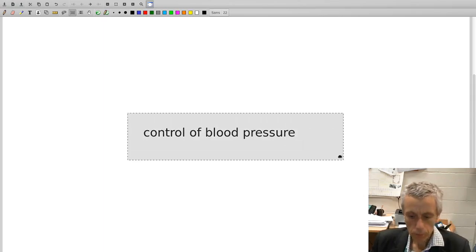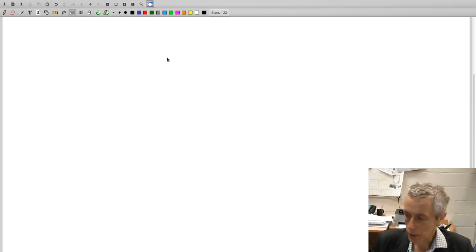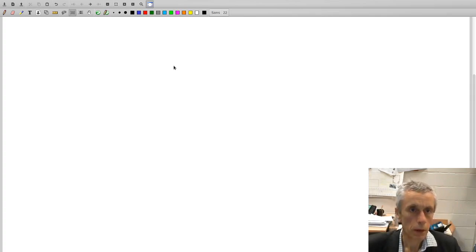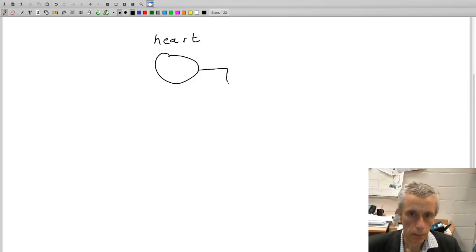So, if we start with a very simple model of the heart, of the circulatory system, if we imagine that we've got the heart here, and let's really make this incredibly simple. Right?